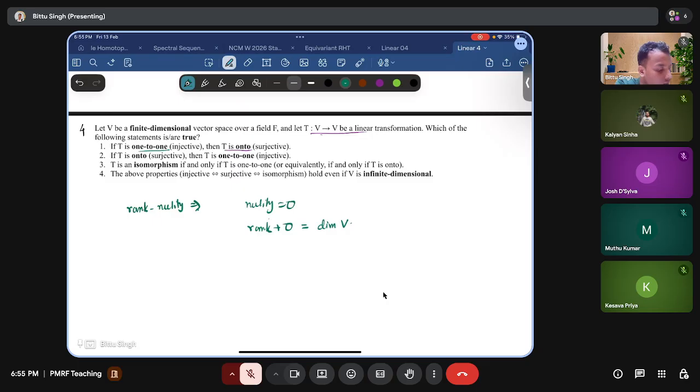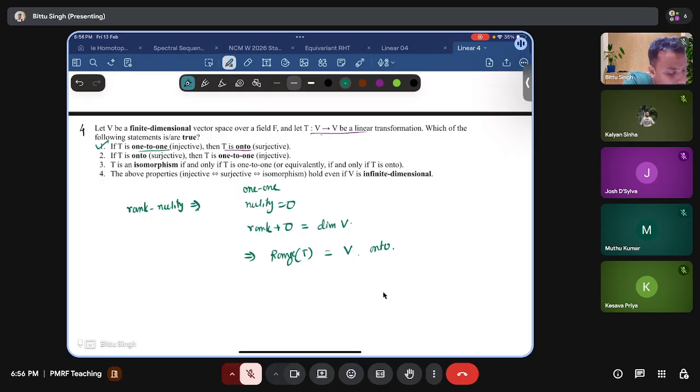That means rank of the transformation is the same as dimension of V. In other words, range of the transformation is V. So T is onto. 1-1 implies onto.